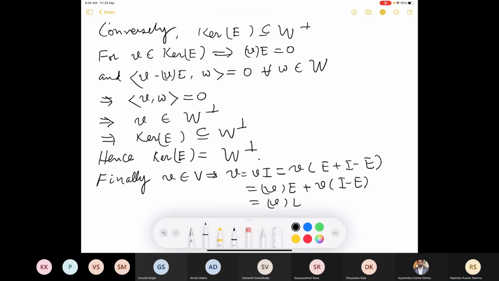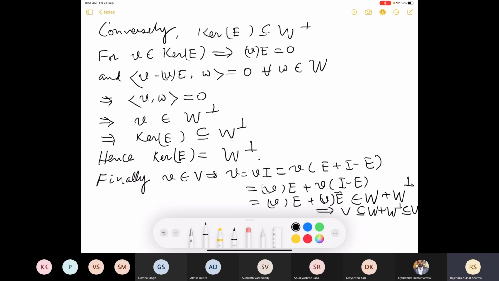So VE is in W, and V E tilde is in the orthogonal complement.